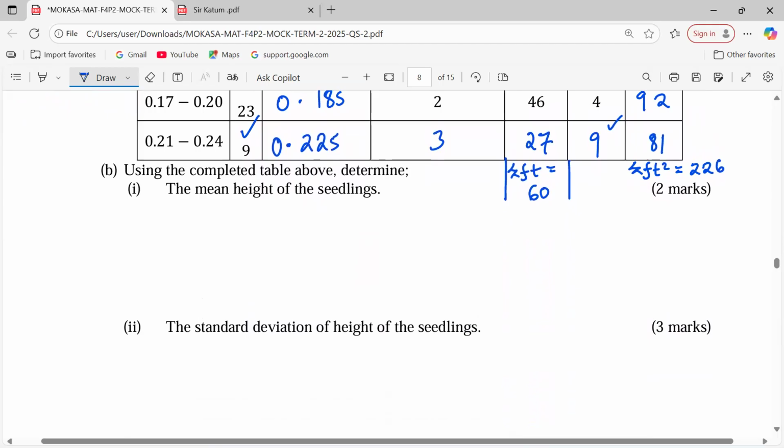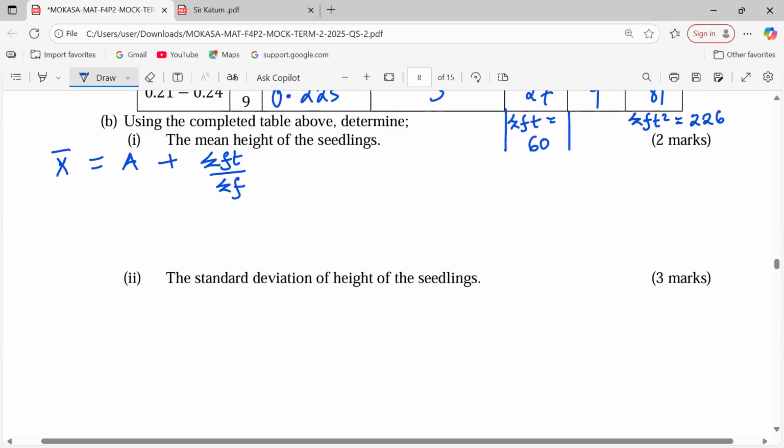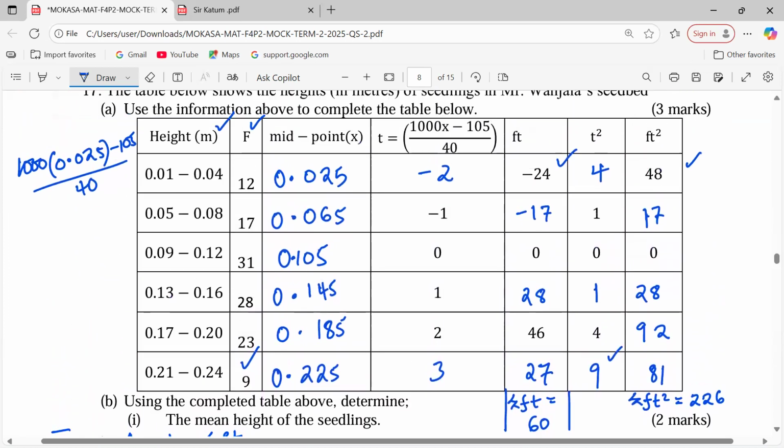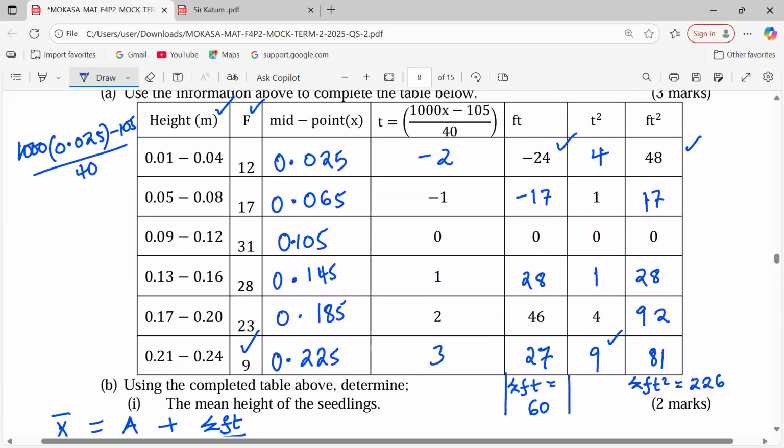We know that generally, mean is usually given by assumed mean plus the mean of ft. This is naturally when there is an assumed mean and we get deviations from the midpoints. But now in our case, something that we are supposed to understand is that the assumed mean together with the deviation have been divided by a certain constant there.